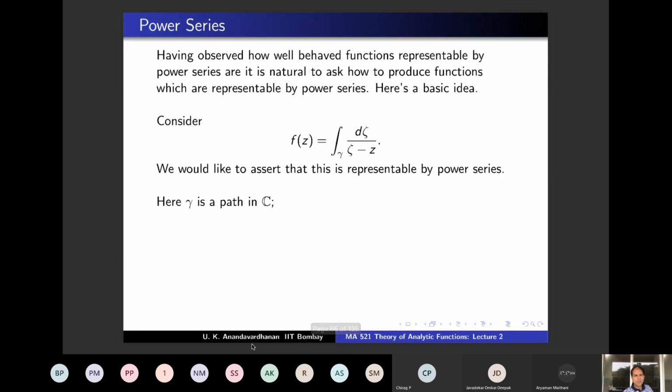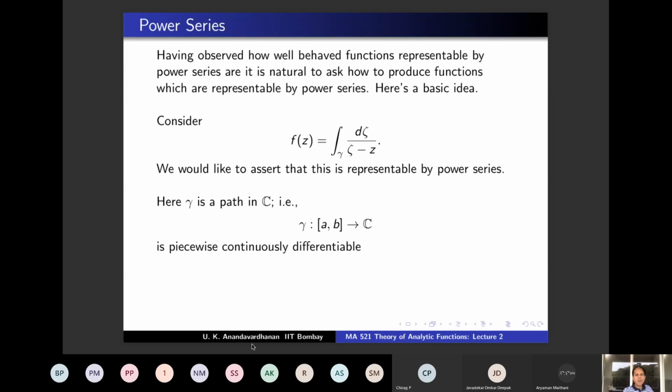But let's just say, what is gamma? Gamma is a path in C. What is the meaning of that? That means it's a curve. It has its parametrizing interval, which is a closed interval [a,b] in the real line, and it's valued in C, and that is what is called a curve.